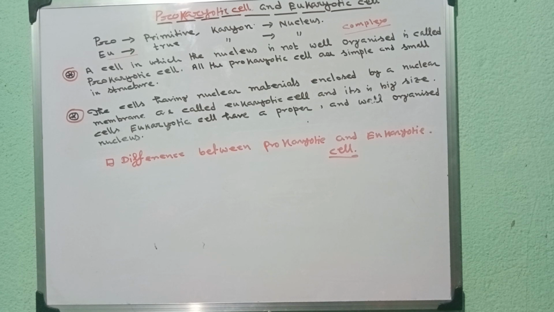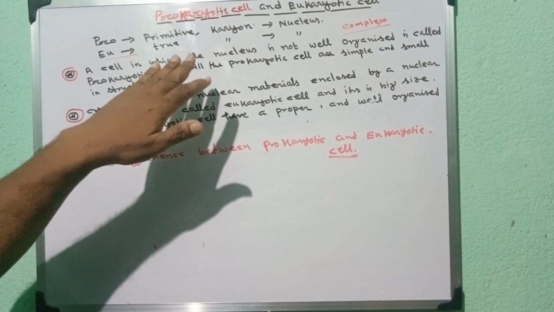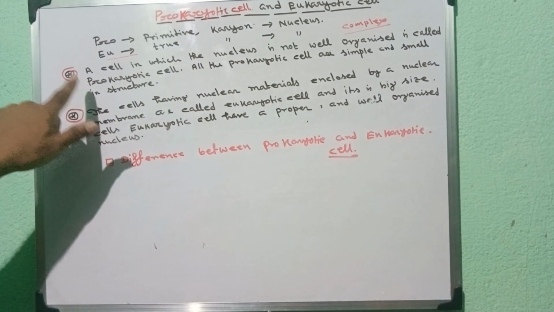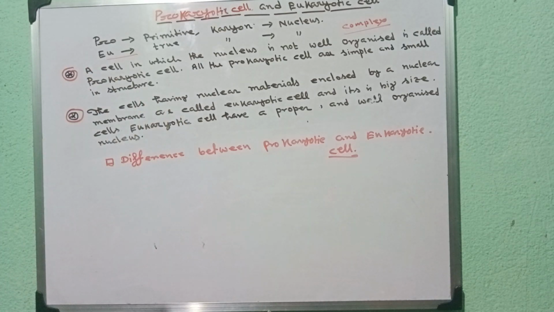In prokaryotic cells, a loop or small ring of DNA is found, along with the cell wall, cell membrane, and cytoplasm, but no membrane bound organelles. In the eukaryotic cell, the membrane bound cell organelles are present. That is the difference.